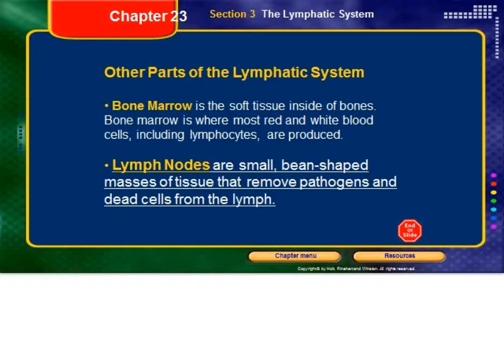Those lymphocytes are produced in bone marrow inside the bones, and then they go into the lymph tissue. And then that lymph fluid will go to lymph nodes. Lymph nodes are tiny, bean-shaped masses of tissue that remove pathogens and dead cells from the lymph.